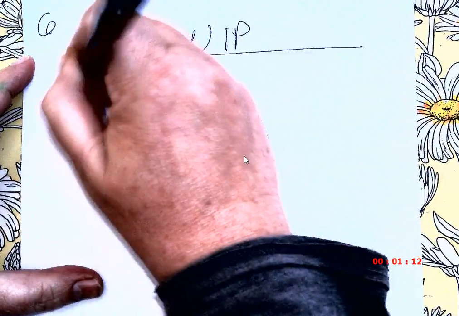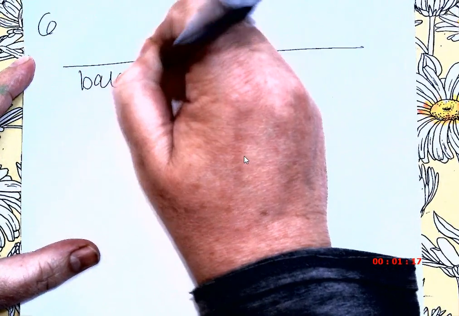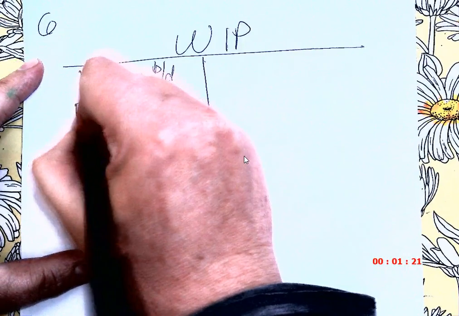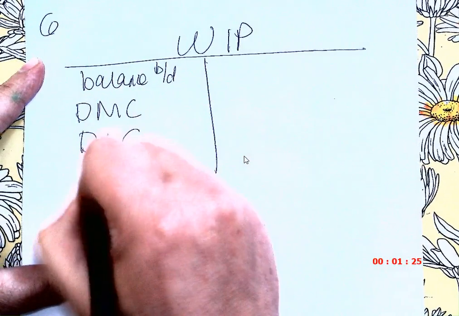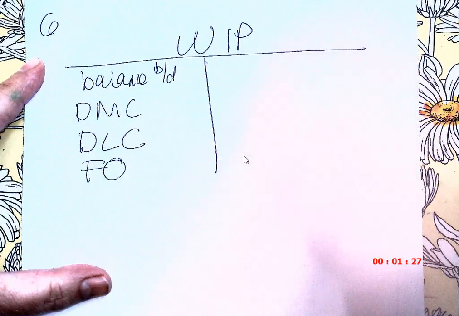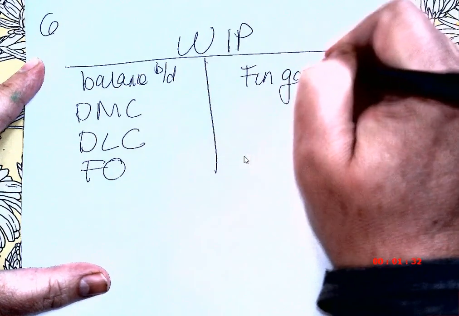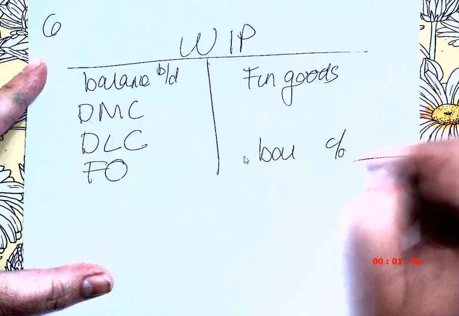It's got an opening and a closing. And then it's got a direct material cost, a direct labor cost, a factory overhead, finished goods, and closing stock. Balance c/d, balance b/d.